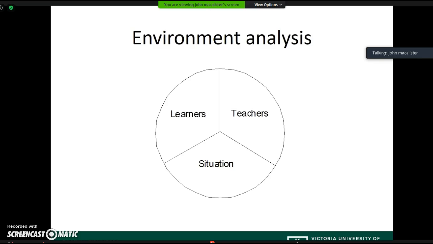And you can see in this circle that is divided into 3 segments. These are the segments I've been talking about: the learners, the teachers, and the actual situation. So the key point here is that when we're trying to analyze the environment that a course is going to be taught in, we should try to get information about all 3.